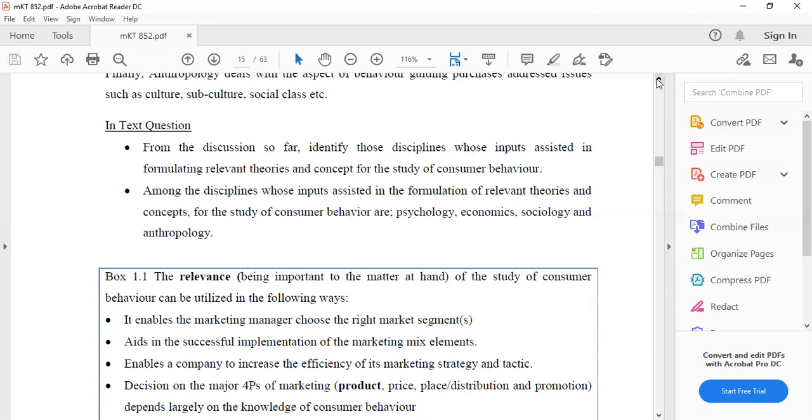They will rather look for a substitute. So distribution is very key to marketing and consumer behavior in particular.